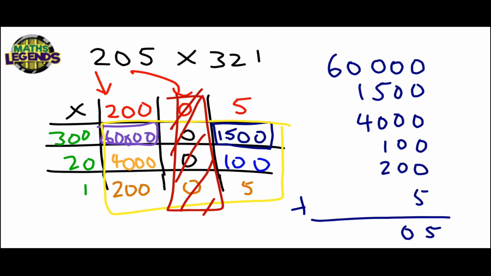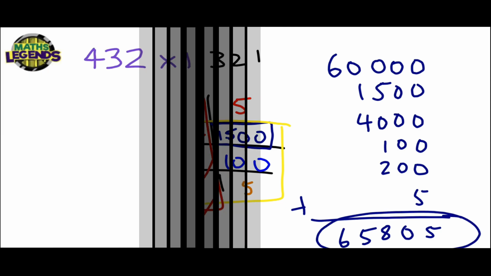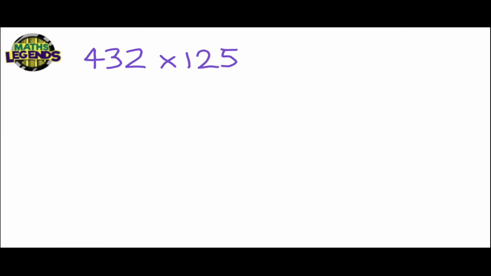Next column, 5 plus 1 plus 2 is 8. The next column we have 1 and 4, which is 5. And the next column along is 6. So our answer is 65,805.